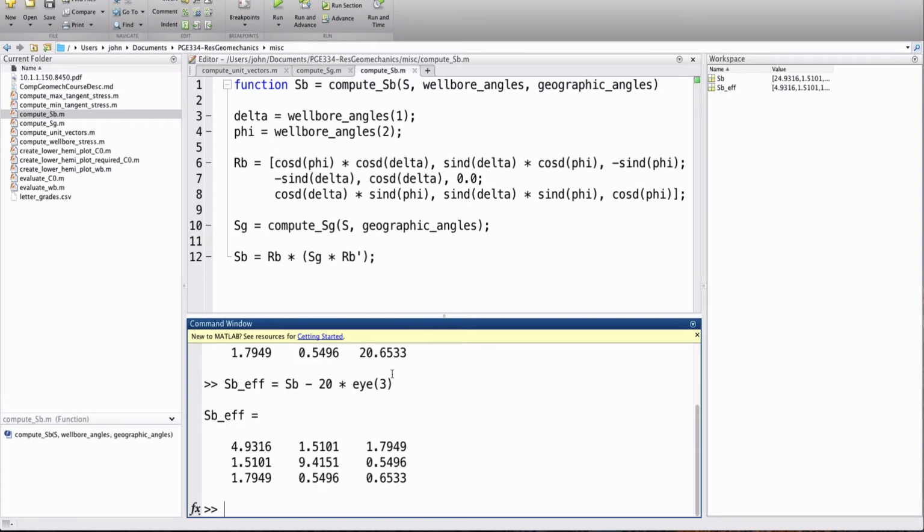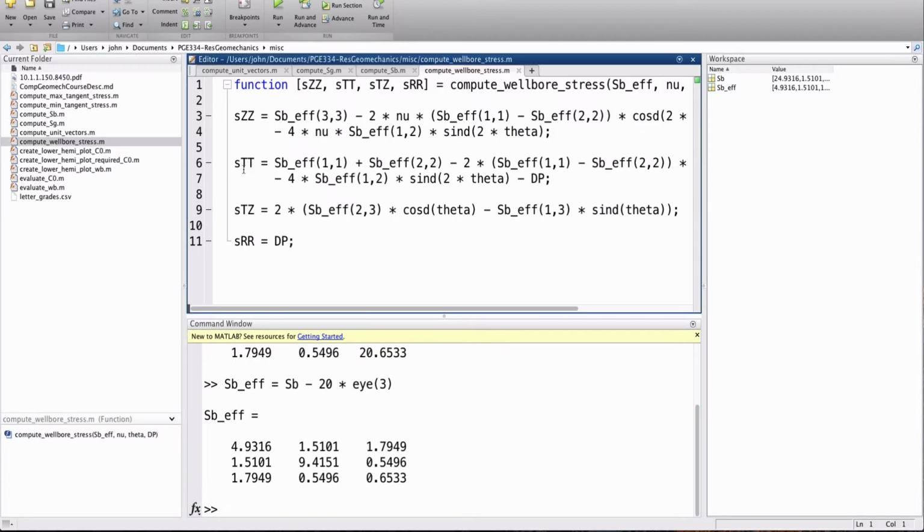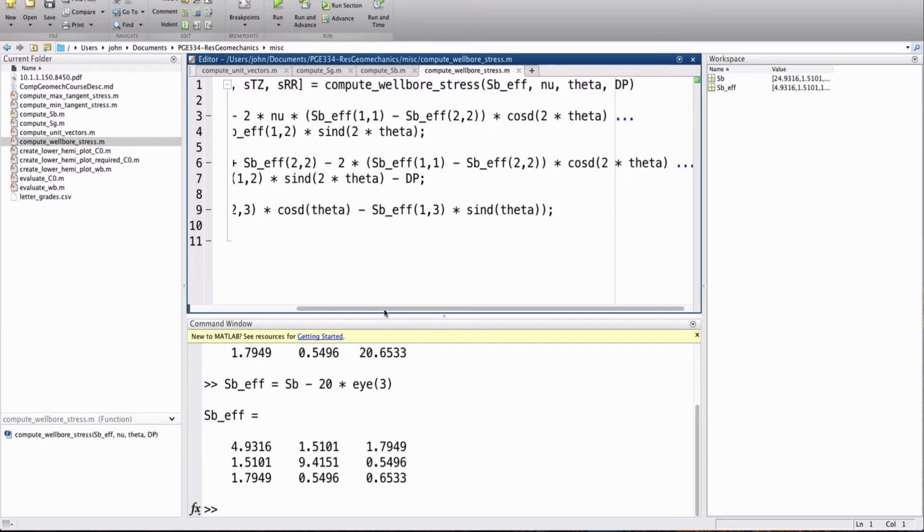So there's my effective stress. So I have another function, compute wellbore stress, which takes in my effective stress, Poisson ratio, theta. I haven't told you what theta is, but theta is the angle around the wellbore, okay? And delta P, which in this case we said it's balanced drilling, so delta P is 0.